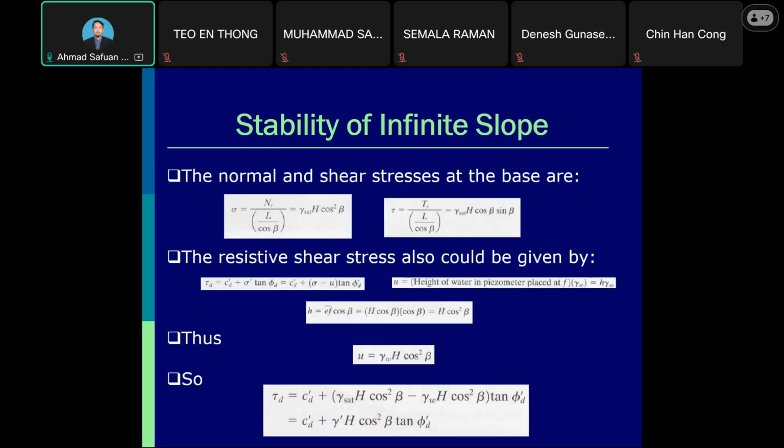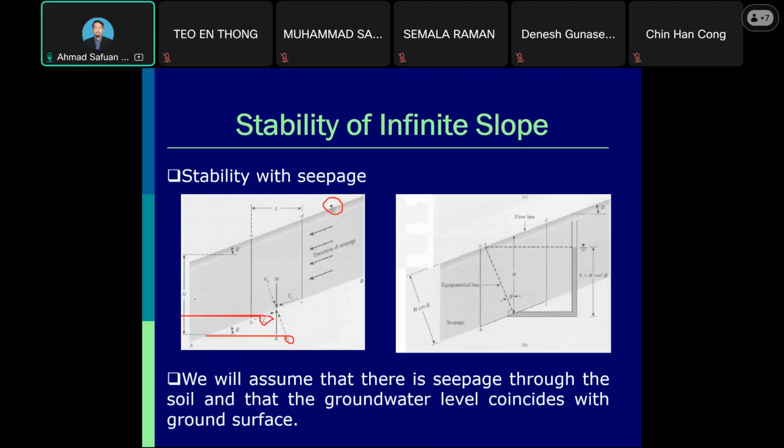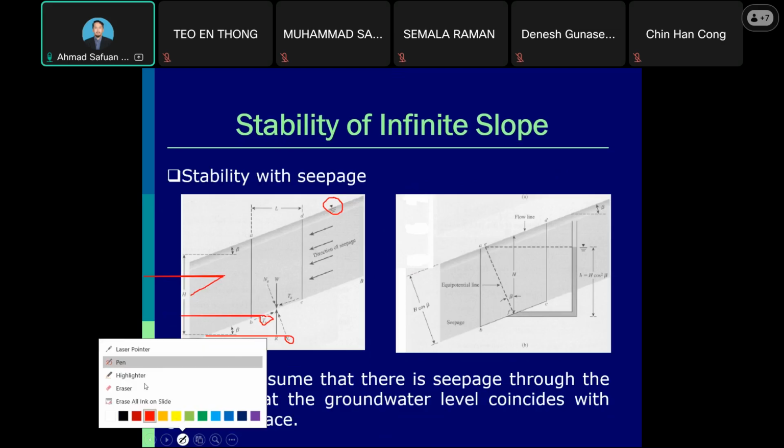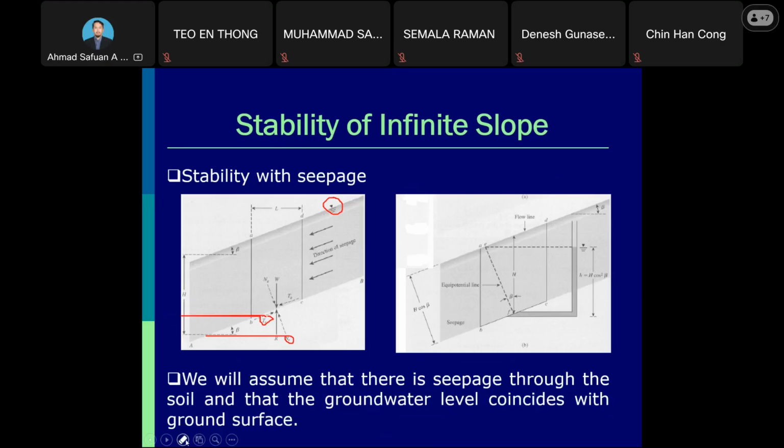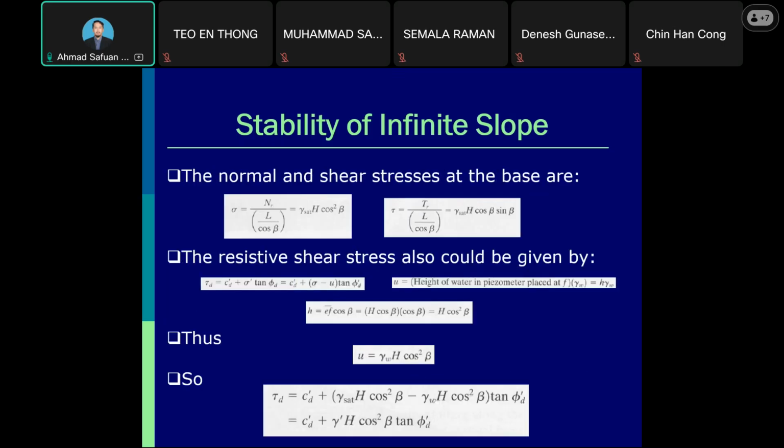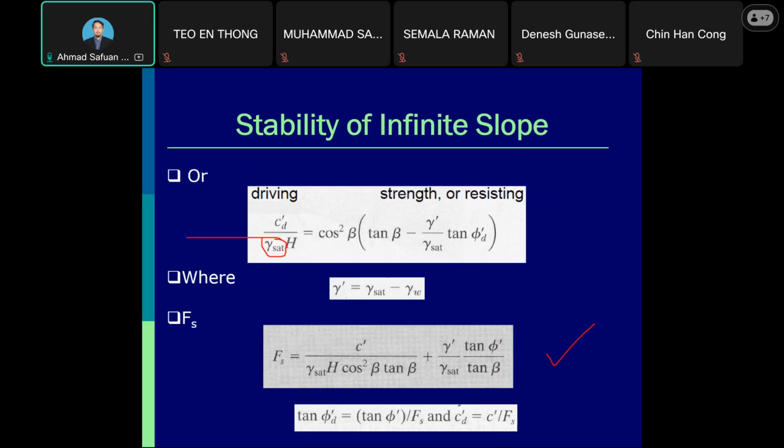However, in some or most situations, the groundwater level is not at the surface. It can be at this place, or at any other place. This means that these equations are only limited to the case where the groundwater level is located at the seepage.